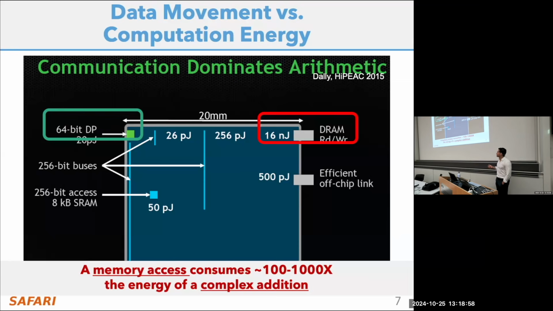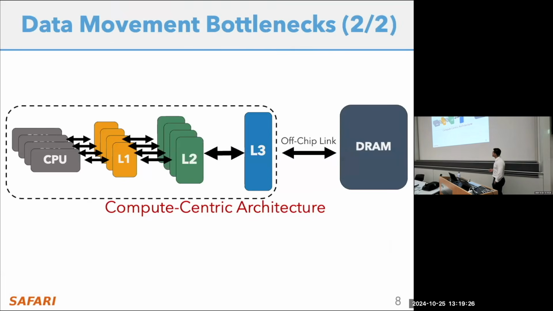A processor doing low precision computation on chip takes some picojoules of energy to compute. But if you need to go off chip, to your main memory or to your storage, that is going to consume two to three orders of magnitude more than doing the complex operation. So this creates an imbalance in how we have these systems today.